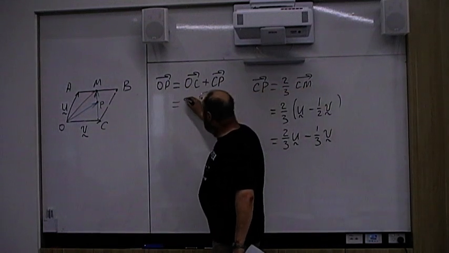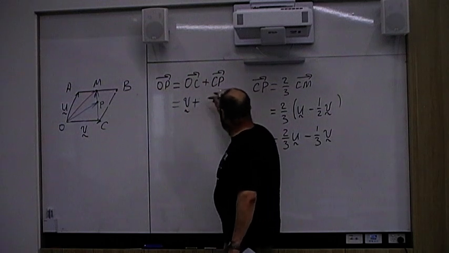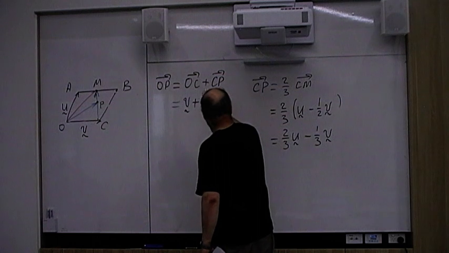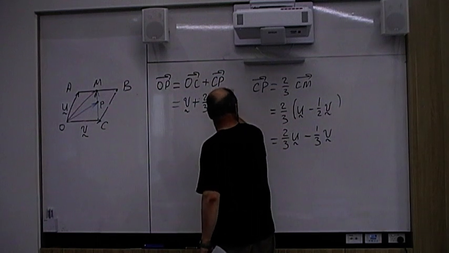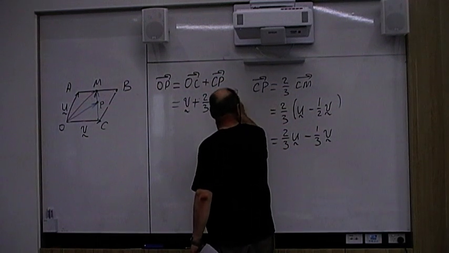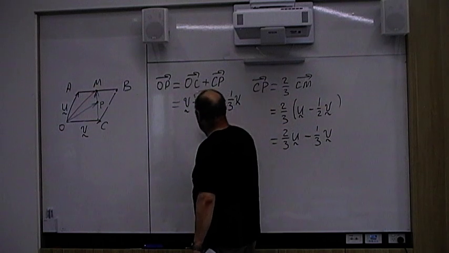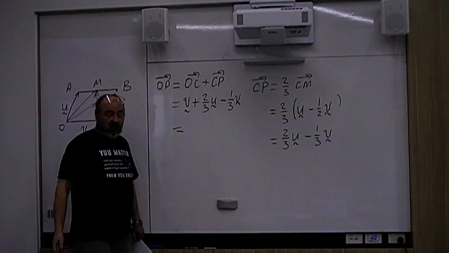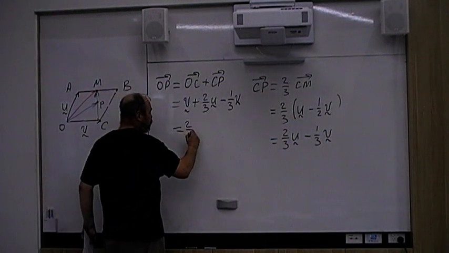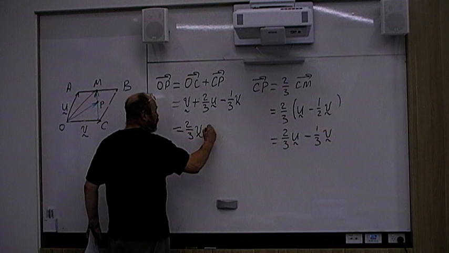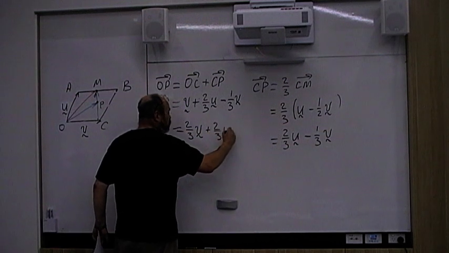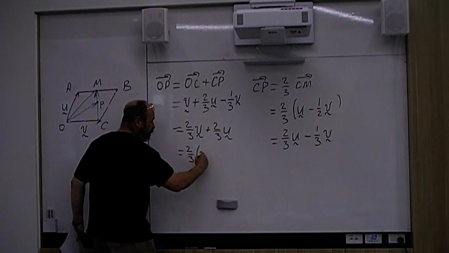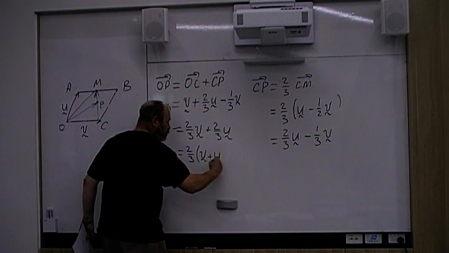Vector OC is V, plus CP, which is 2/3 U minus 1/3 V. V minus 1/3 V is 2/3 V, plus 2/3 U. Taking 2/3 as a common factor, we get 2/3 times (V plus U).